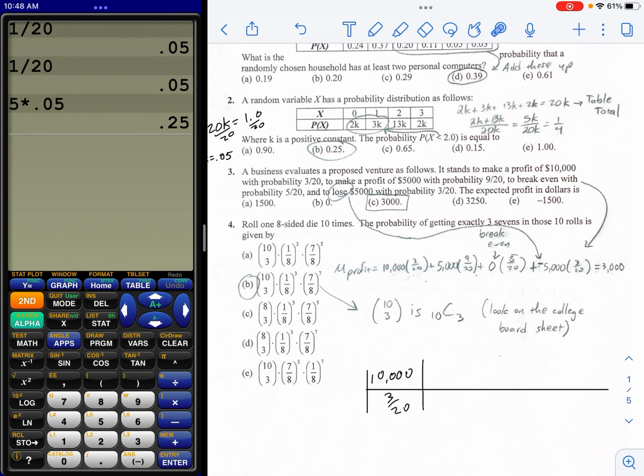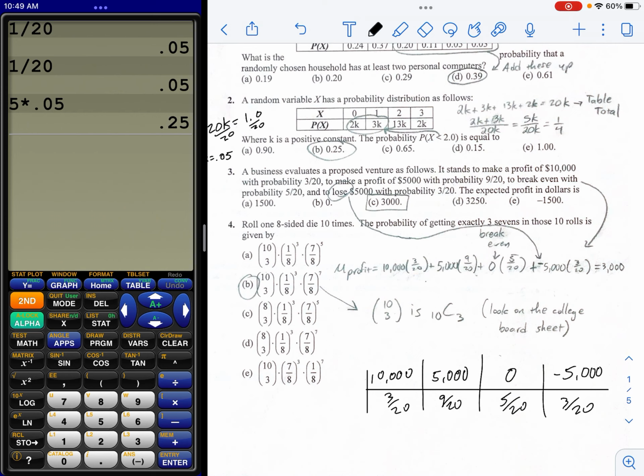So this is right here, $10,000, 3/20ths. So that's your first outcome. And then the next outcome is 5,000. And the probability of that was 9 out of 20. And keep going. There's 2 more. And then we have $0 happens 5/20ths. And the last one, be careful, you lose 5,000, so make sure it's negative, and that happens 3/20ths of the time.